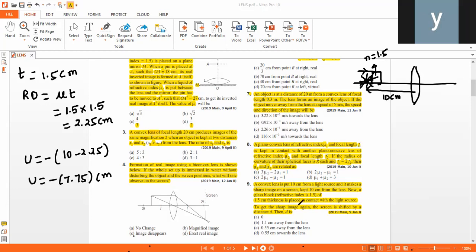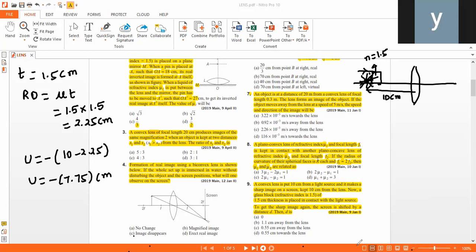Now see here that a convex lens is put 10 centimeters from the light source and it makes a sharp image on the screen 10 centimeters from the lens. That means wherever the object is there, at that position only the image is formed.